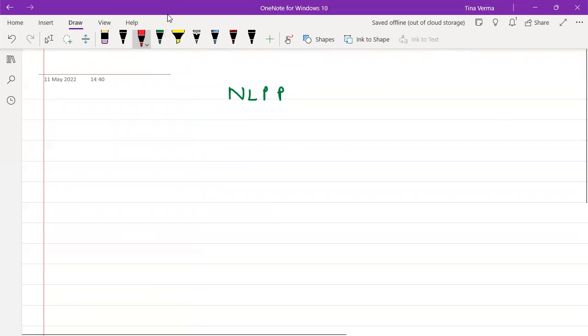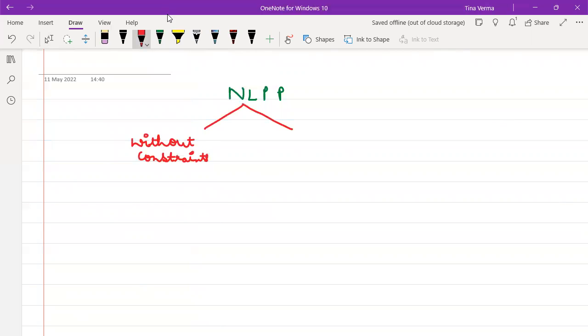So when we do NLPP, we will do it without constraints, that means you have only the objective function. And we will do it with constraints. In without constraints, you have only the objective function. We will go for the Hessian matrix method that I will tell you today.